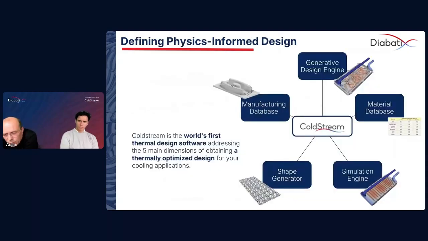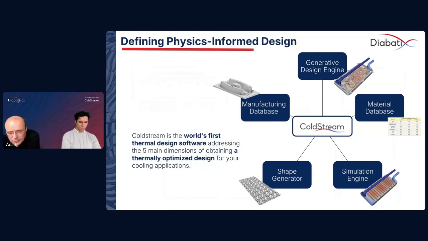Just as a quick note, this is the approach from a building block perspective behind ColdStream. Again, I'm not going to speak too much about this because you'll see that in the workflow. The core of ColdStream is the connection between the simulation engine, which can run from 1D to full-blown 3D CFD. That's connected to a generative design engine, which updates the design via smart algorithms.